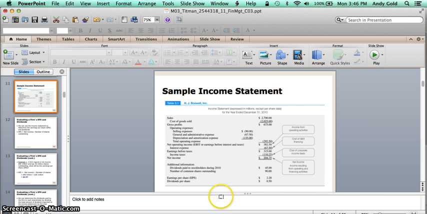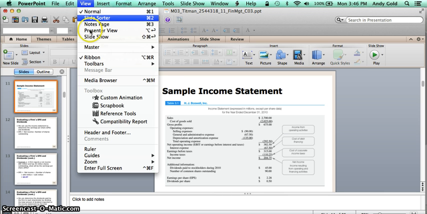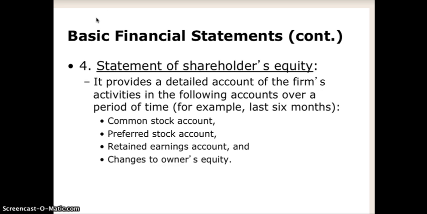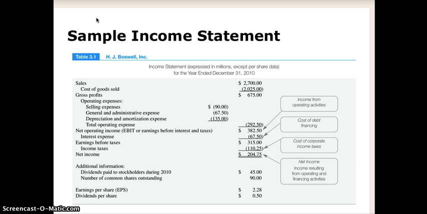I always ask my students in the classes that I teach on ground, is a 25% gross profit margin good or bad? And some students say it's good and some say it's bad, and we have a little bit of a discussion about that. But the answer is you can't really say if it's good or bad, because we don't know unless we compare this company, here it's called Boswell Incorporated, with a competitor.